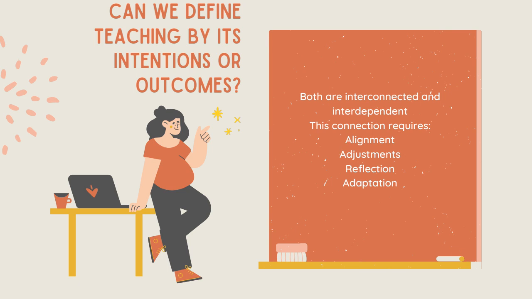During the teaching process, if you're monitoring and assessing your students' progress, and you see that this is not heading towards the outcome that you want, you need to be able to modify your teaching strategy, and maybe provide additional support or adapt the learning environment to better align with your intended goals or objectives of that lesson. And then lastly, as we've mentioned in the first theme, is to reflect on the outcomes achieved, and decide whether this is what you want, and if not, how are you going to change and fix it.